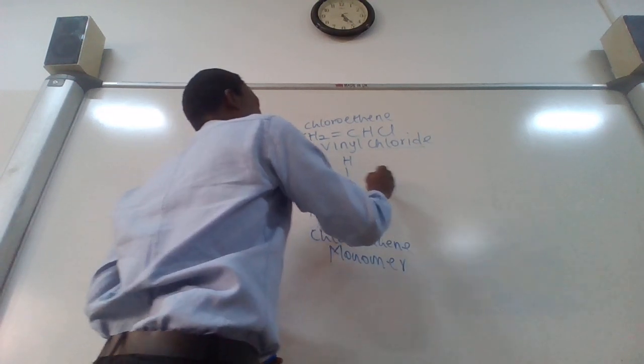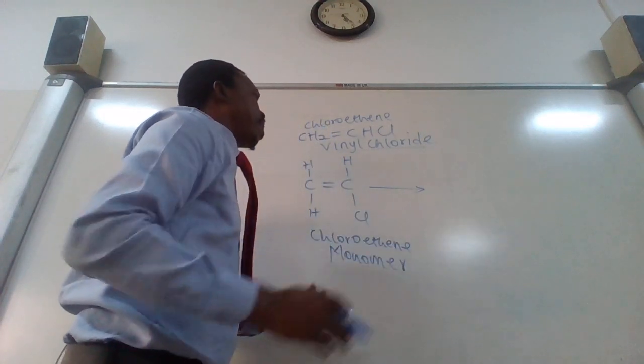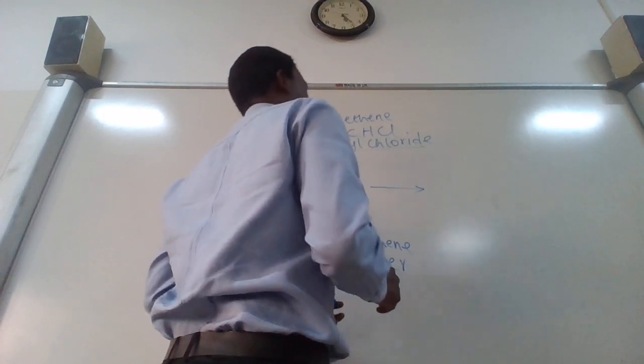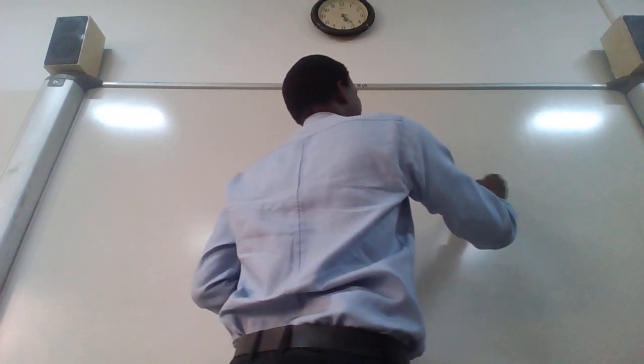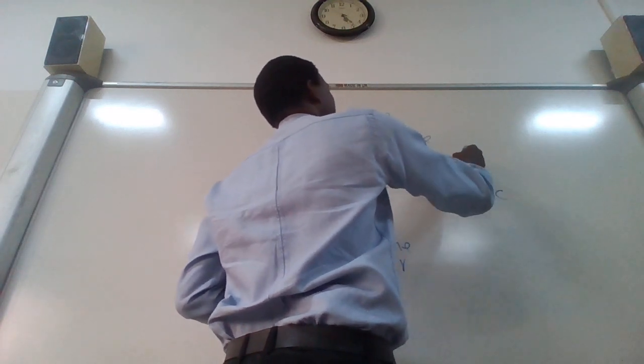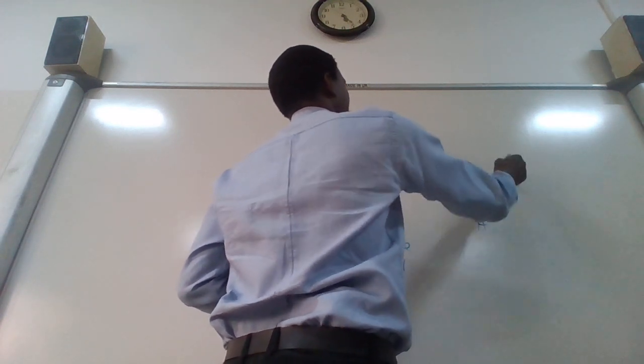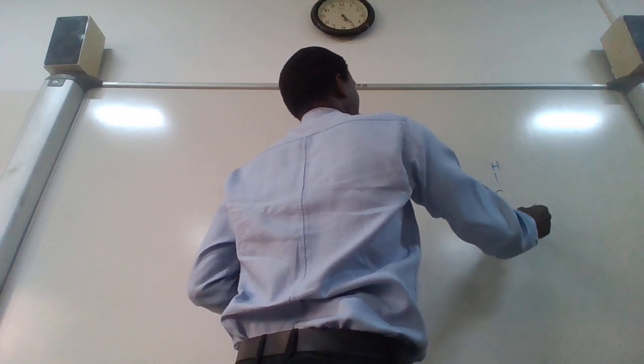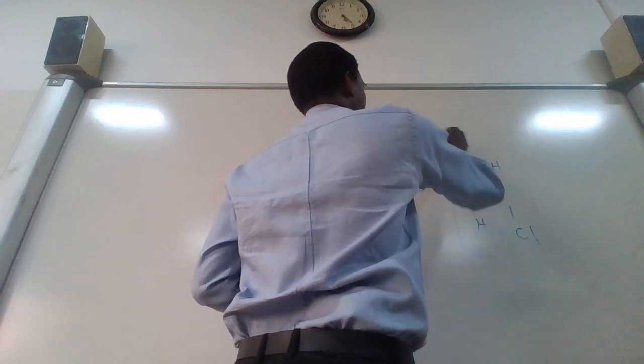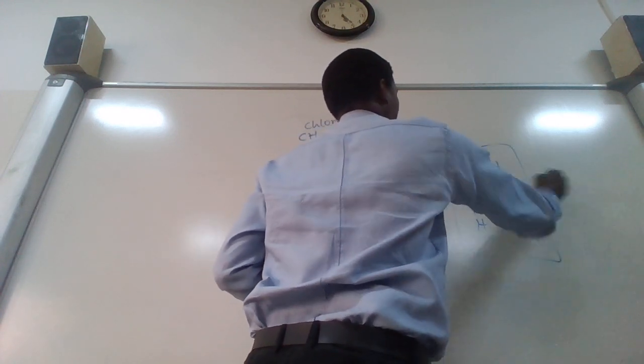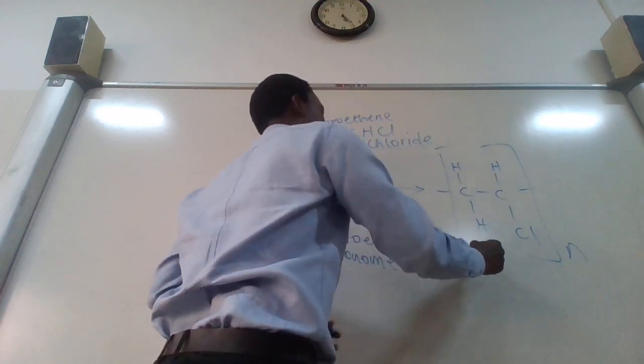Then when it undergoes polymerization at a high temperature and pressure, the pi bond will break to form the polymer, which is the large molecule. The word poly means many. The n here represents a very large number.